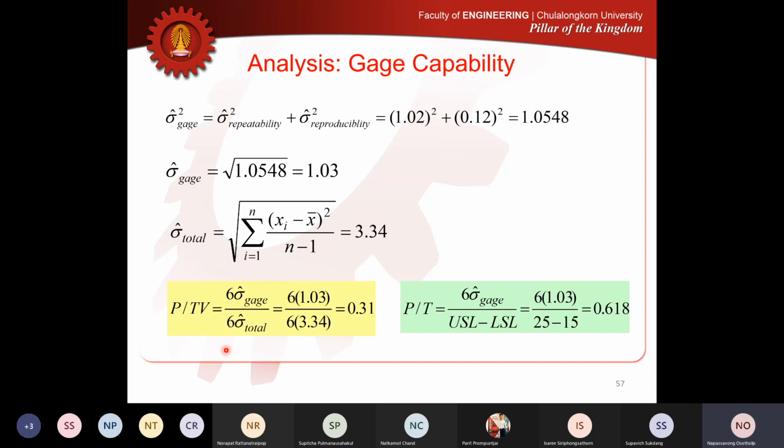And now you have the lower part, which is 6 sigma total. And sigma total, I've mentioned before that you can use this formula to calculate it by plugging in the number n, which in this case is the total number of data points that we have, which is 120.